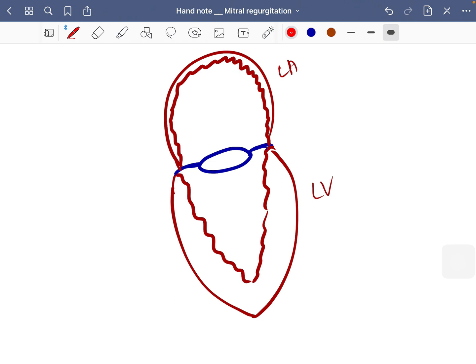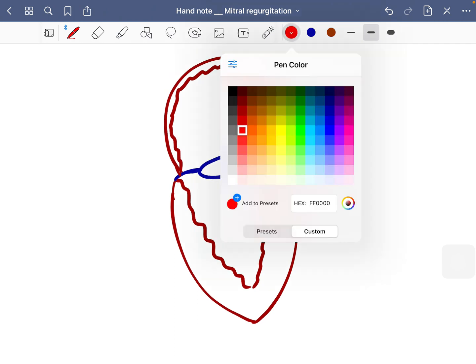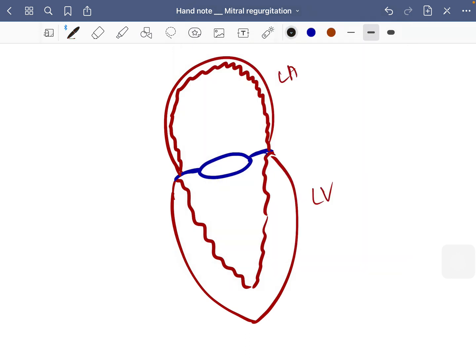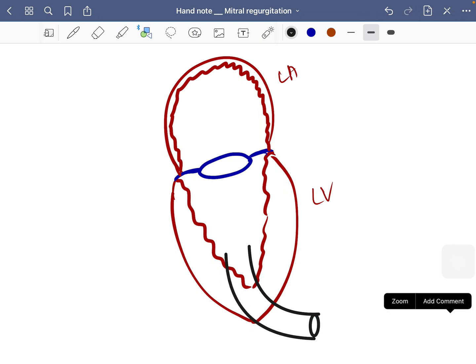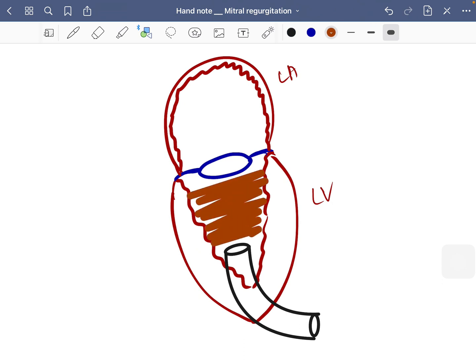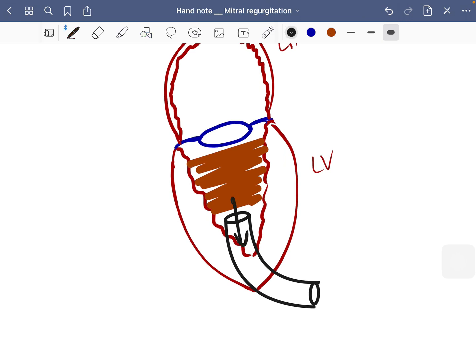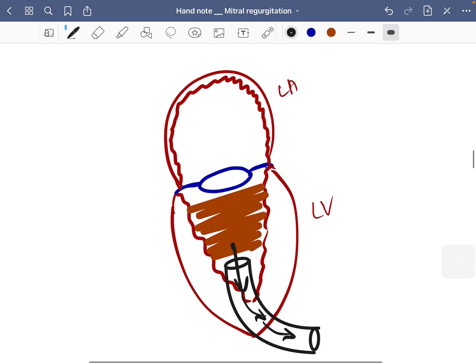Suppose the left ventricle is now contracting. For easy understanding, I am drawing the aortic valve also, with the aorta drawn downward, though it is not the actual location of the aorta. So when the left ventricle contracts, the blood goes to the aorta during systole.